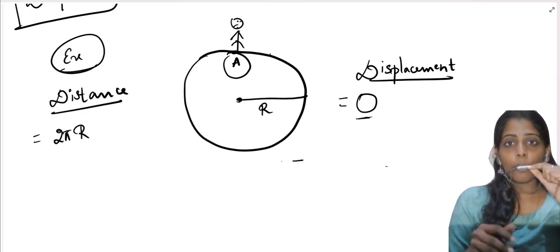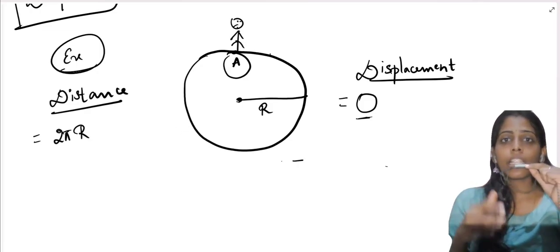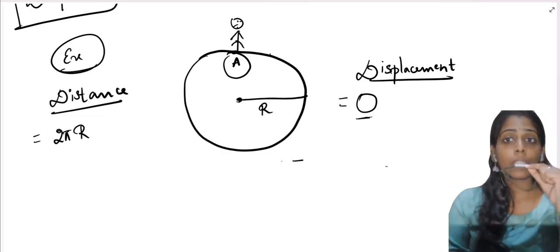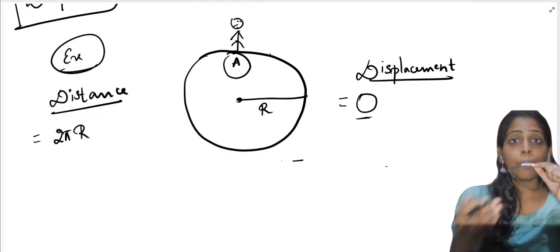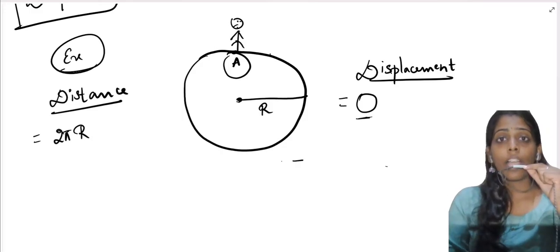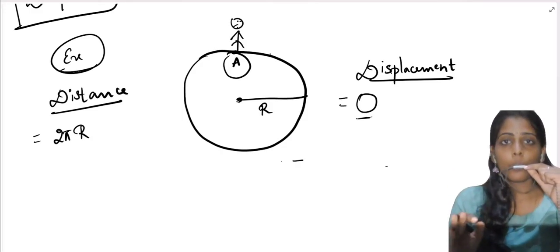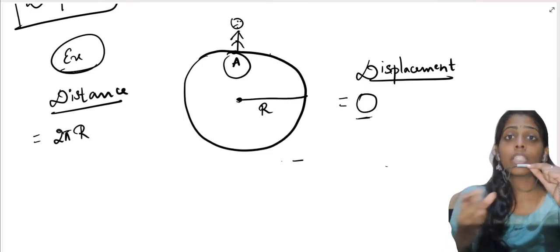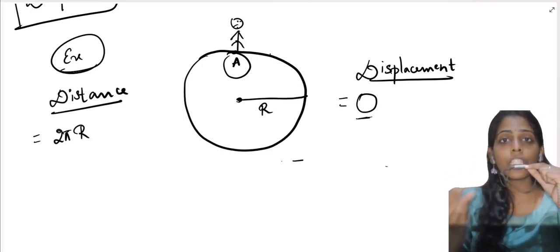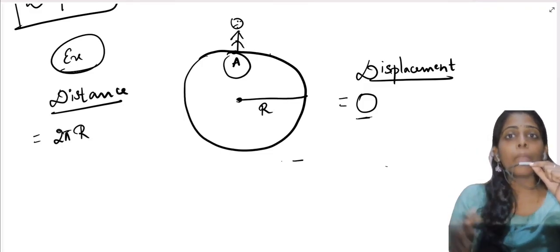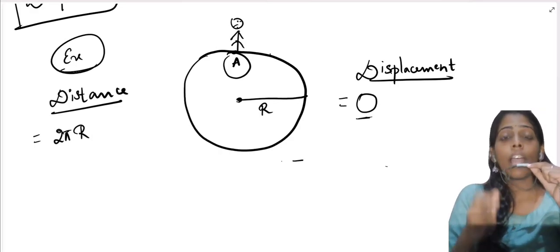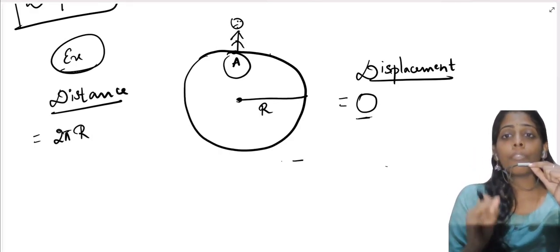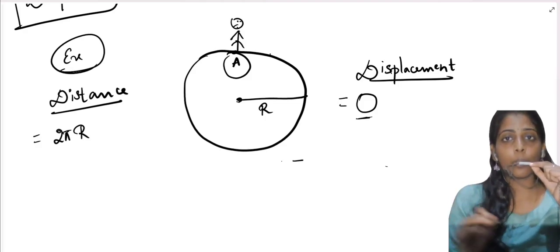So this kind of question can be asked in reason and assertion, where you might get confused whether having a displacement of 0 means that the person is at rest, which is not true, because the person might have covered a certain distance but he is not displaced from his initial position. He has reached the same point as his initial position as his final position. So that is the meaning of the displacement being 0.